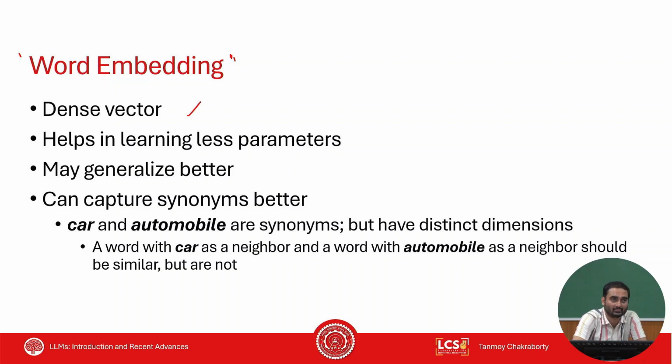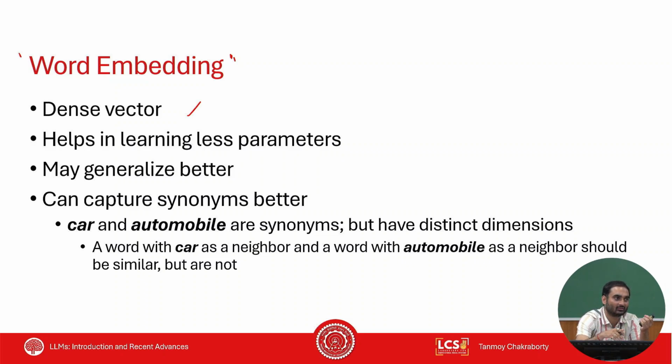Now why is a dense vector important instead of a sparse vector? Because if the number of features is high, it may be prone to overfitting. We need lots of parameters to train. We all know the curse of dimensionality. So if we squeeze it, we don't need to train as many parameters.